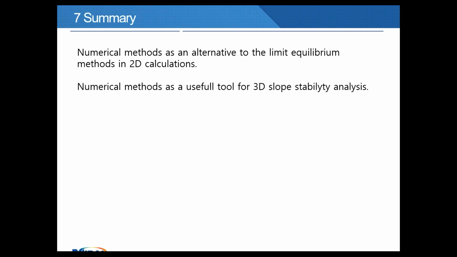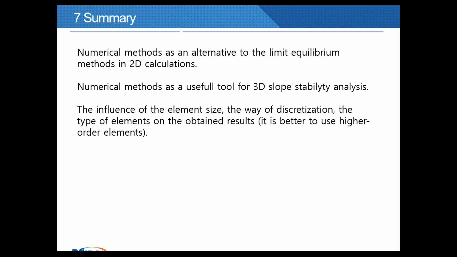The second, numerical methods are a useful tool for 3D slope stability analysis. But you should remember that there is influence of the element size and the way of discretization on the obtained results. It is better to use higher order elements.